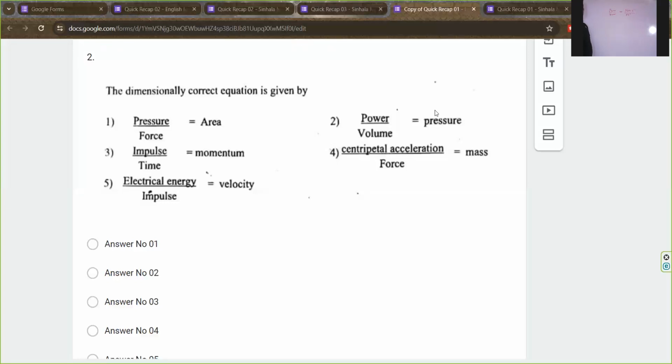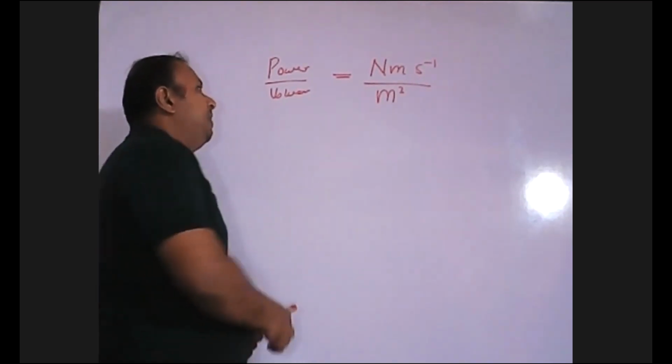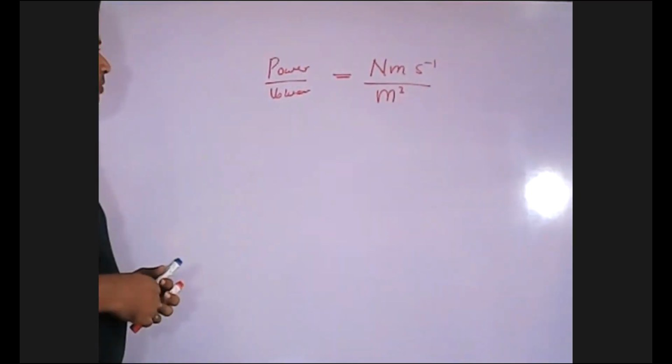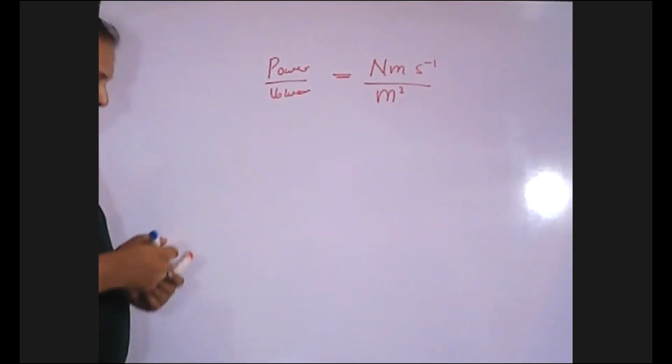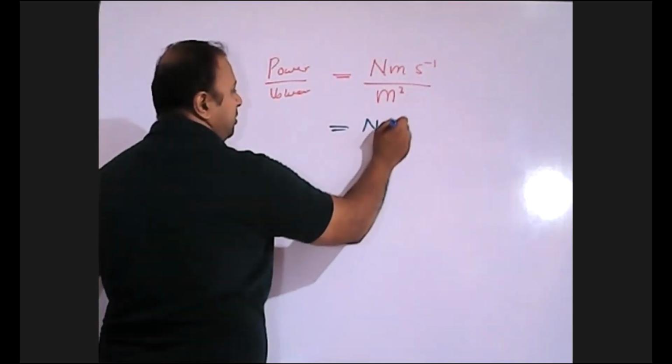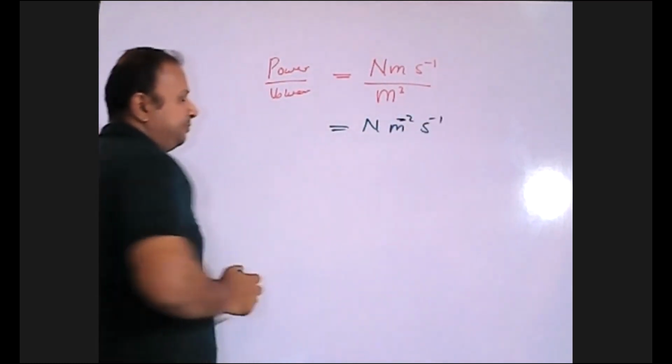That is not equal to pressure, because there is an s minus 1, and s minus 1 won't be cancelled out. Newton, m minus 2, s minus 1.